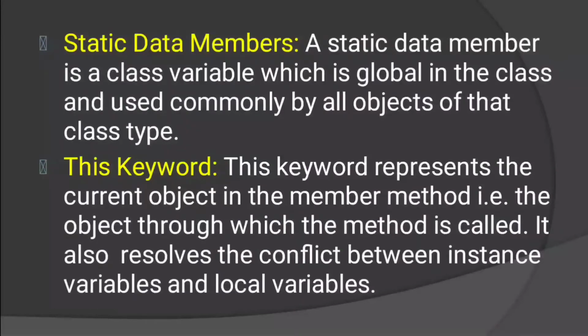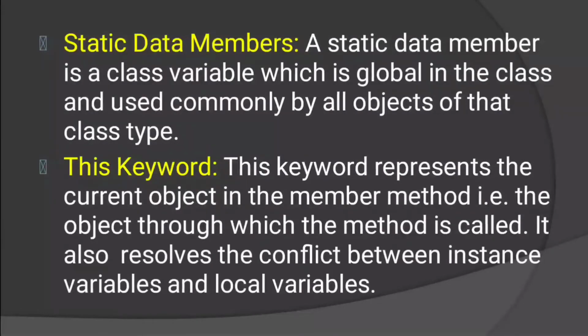This variable will be used commonly by all objects of that class type. Means if we declare a static variable, then that variable will be accessed only by a static member method.